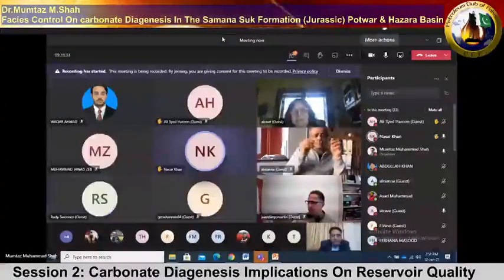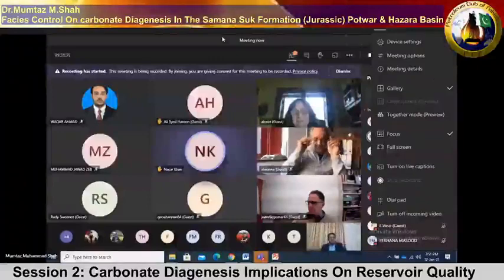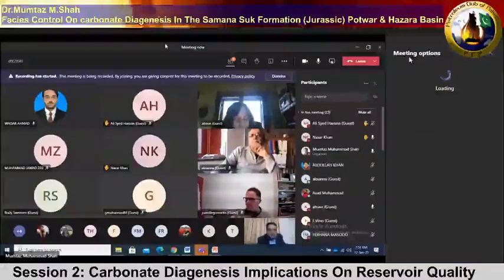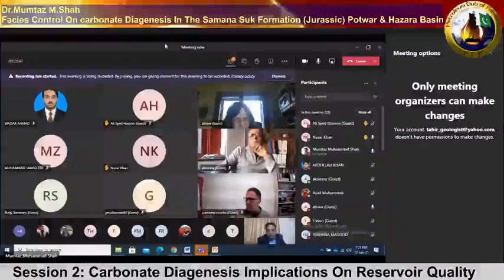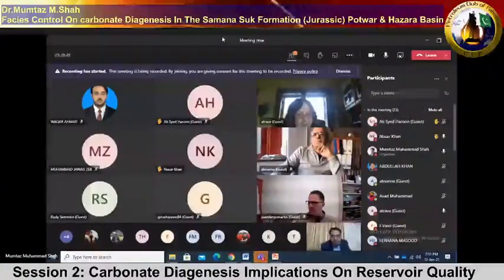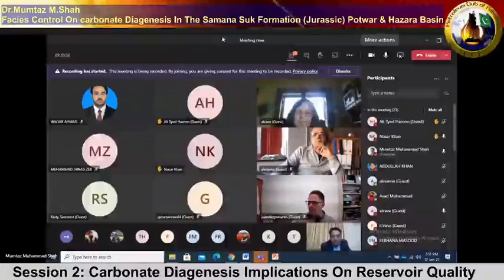Yes, you're right that the overlying Kawagarh succession of the Cretaceous is pure limestone, whereas the Jurassic has been affected by dolomitization quite extensively.